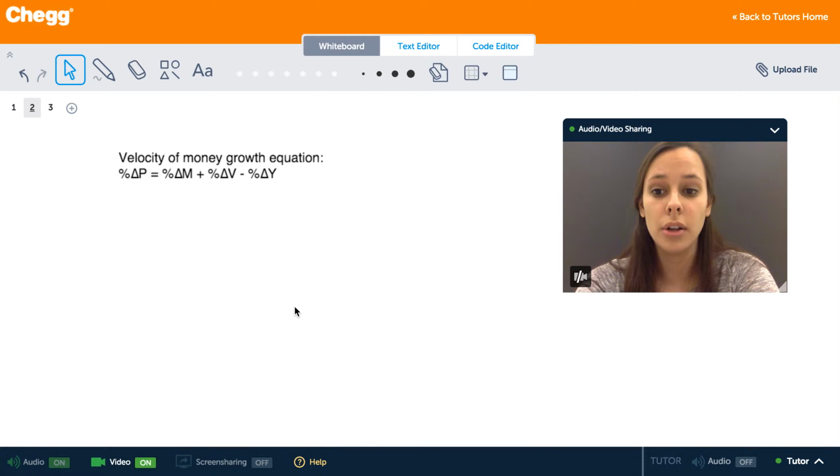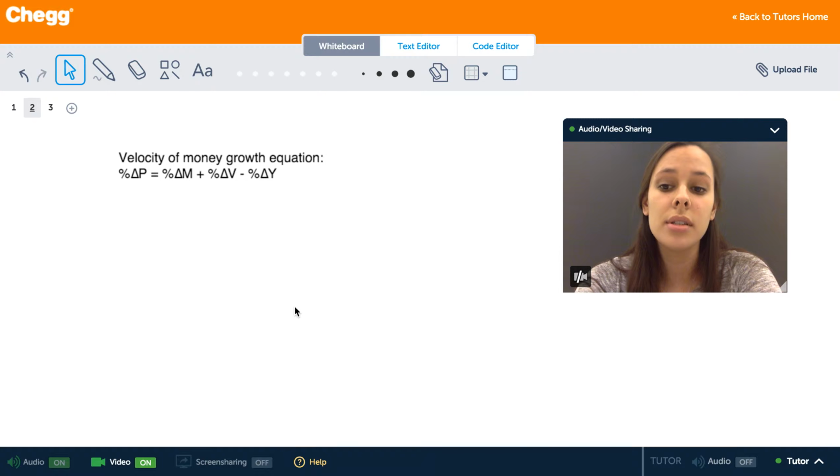It's how many dollars in the economy. So if we insert more dollars into the economy, the percentage change in M will go up. The velocity is just simply how many times money has to change hands to buy the same number of goods. The change in Y is just going to be how many goods are in the economy.